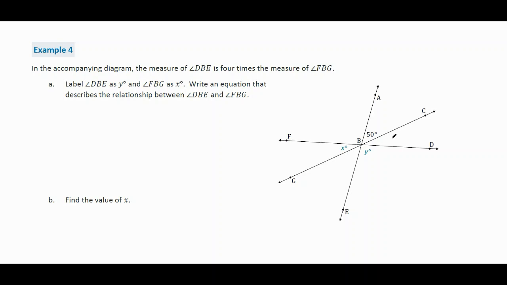This one is a little different. Why? Well, straight line, straight line, straight line. What do we have? Vertical angles. Vertical to this, vertical to this, vertical to this.